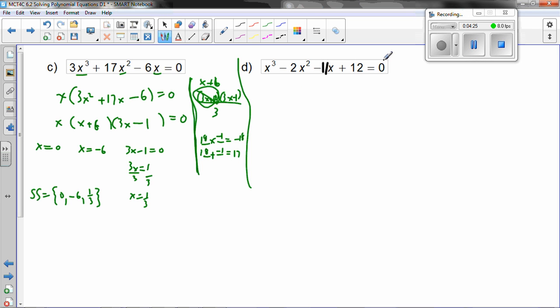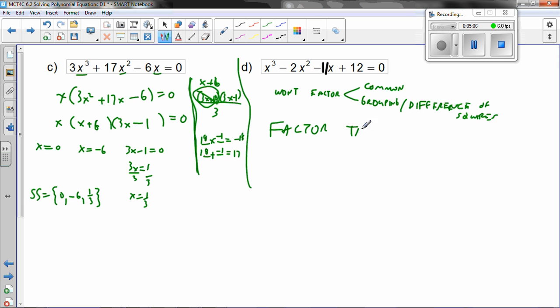The next one: no common factor. It looks like it might factor by grouping, but it doesn't. And so what do we have to do? Well, if it won't factor by common factor or by something special like grouping or difference of squares, then we're going to use the factor theorem.